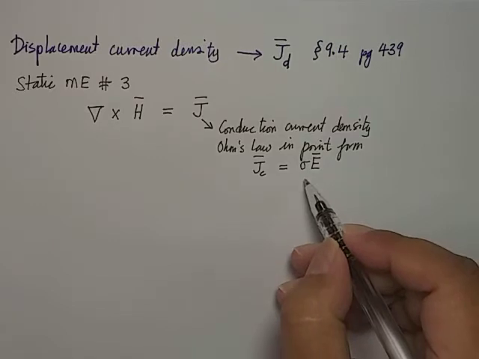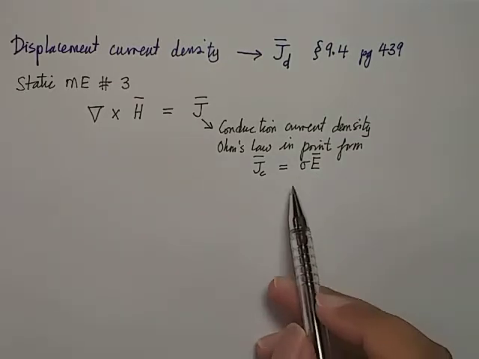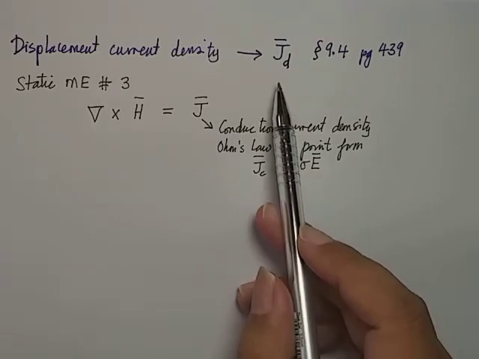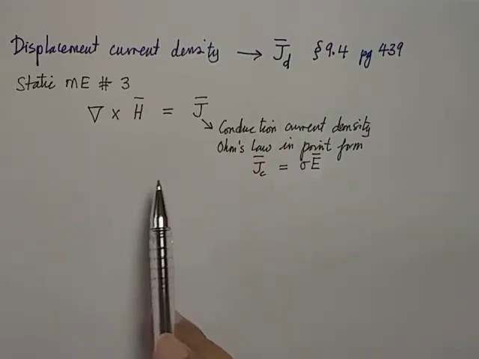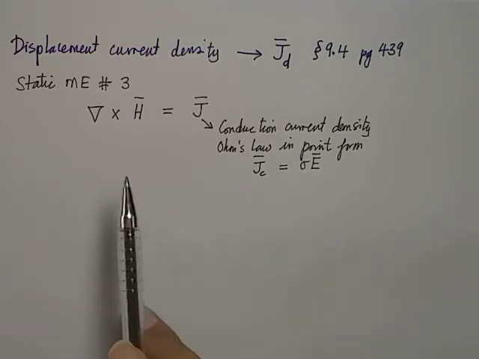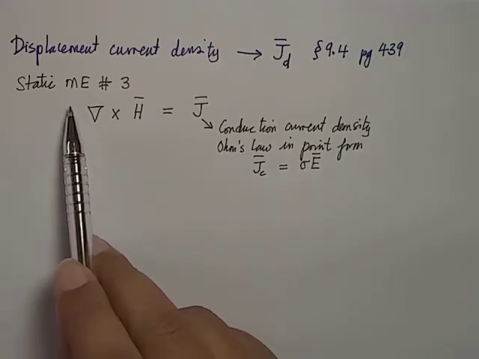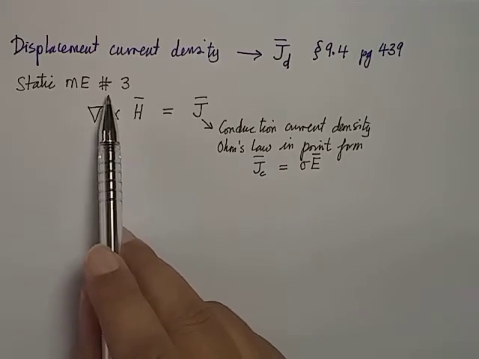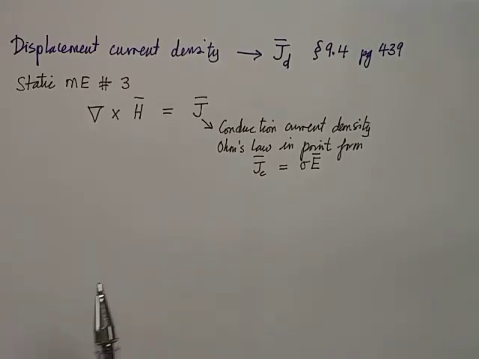And we call this sigma symbol conductivity. So we can see it's totally different from what we're going to discuss in this particular lecture. Therefore, that should be the one that we're going to relate to in our discussion, from our previous lecture, known as Maxwell equation number 3, when we discussed magnetostatic. Okay, so let's talk about this issue further.